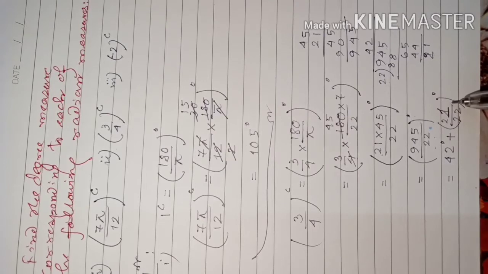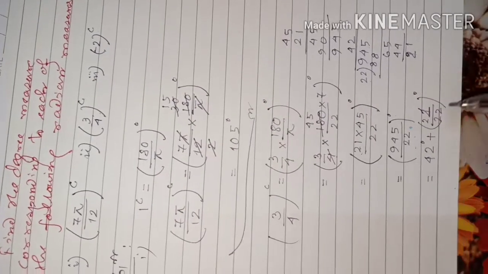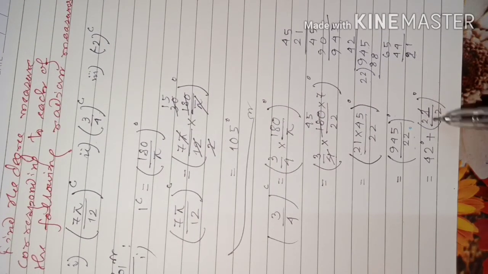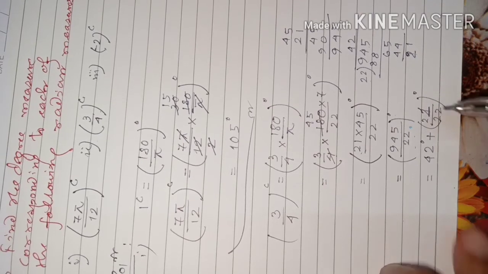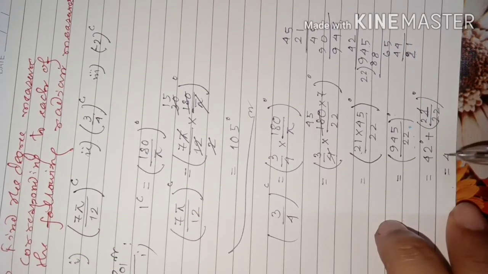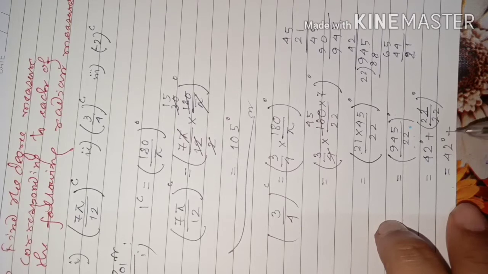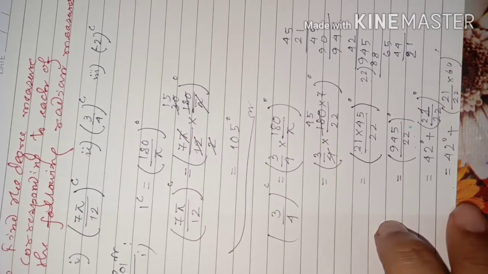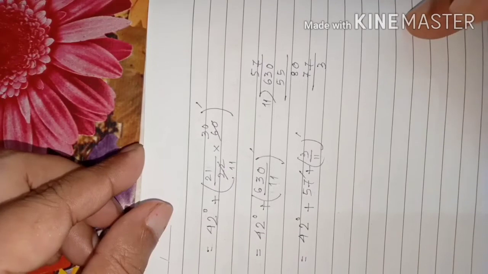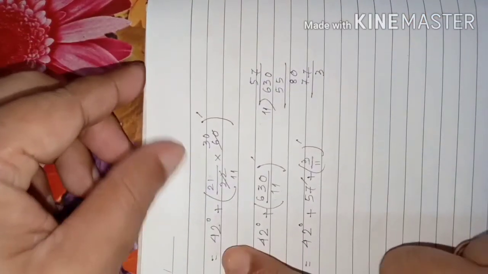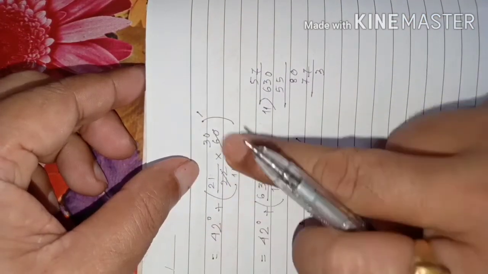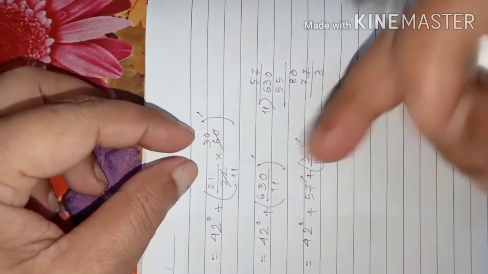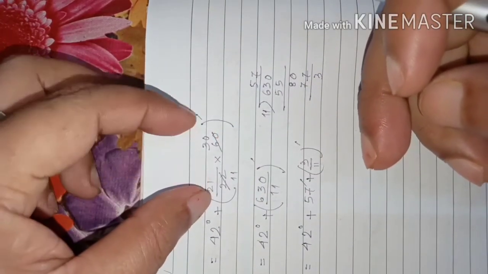This degree measure, when you convert into minutes, you have to multiply by 60, because 60 minutes is equal to 1 degree. So it will be 42 degree plus 21 by 22 into 60 in minutes.